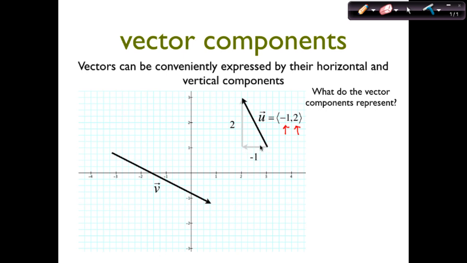How much x varies is represented by this, and the 2 is how much y varies. It wouldn't be wrong to represent it this way: the vector components are the variation in x and the variation in y, taken together, resulting in the vector u.